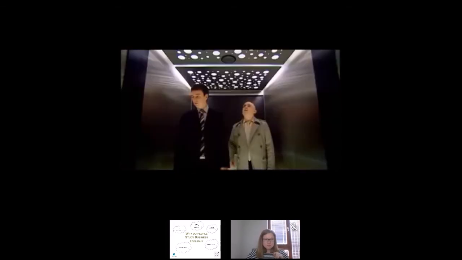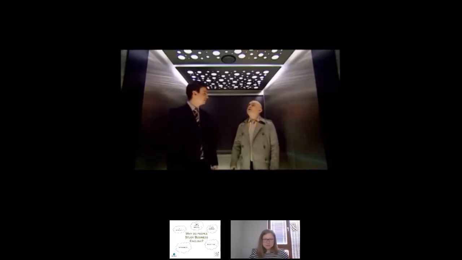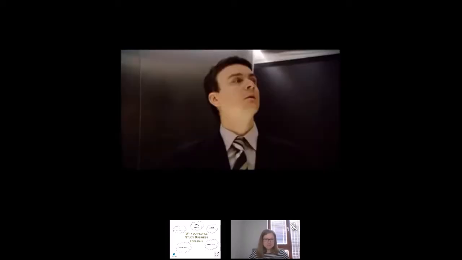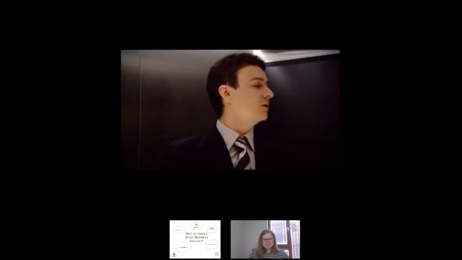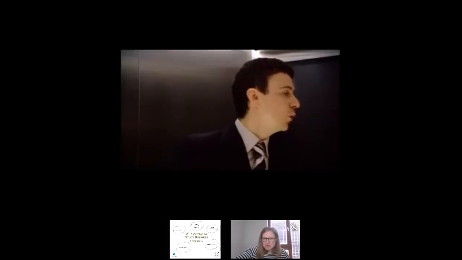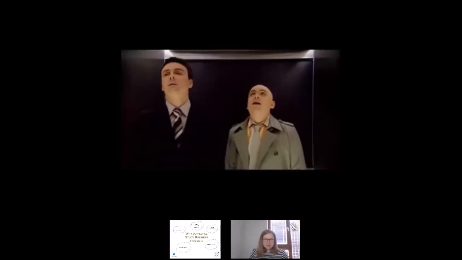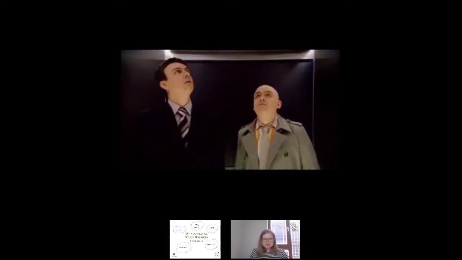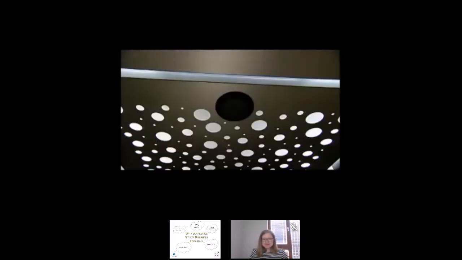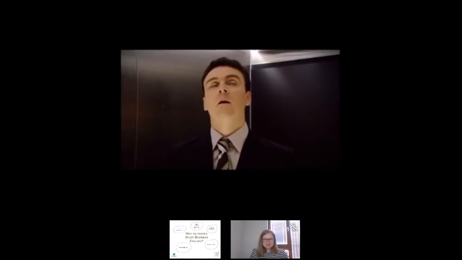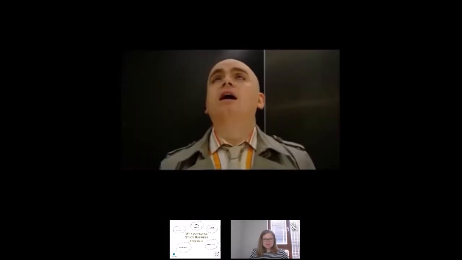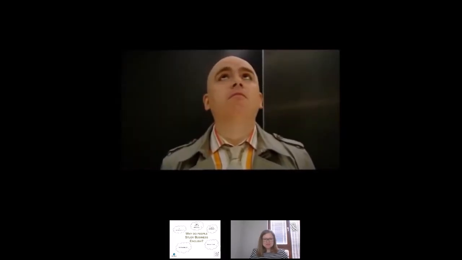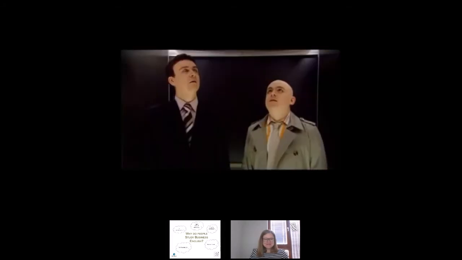What's the buttons? Oh no, they installed voice recognition technology in this lift. I heard about this. Voice recognition technology? In a lift? In Scotland? You ever tried voice recognition technology? No. They don't do Scottish accents. Eleven. Could you please repeat that? Eleven!